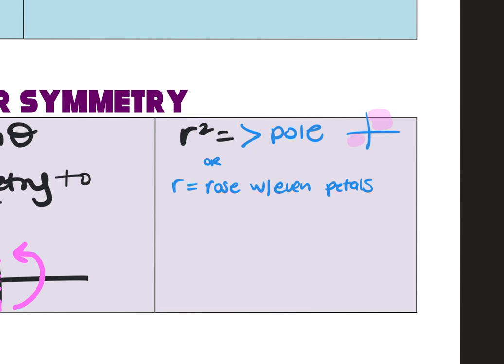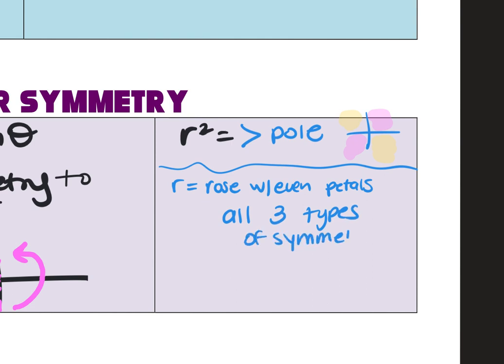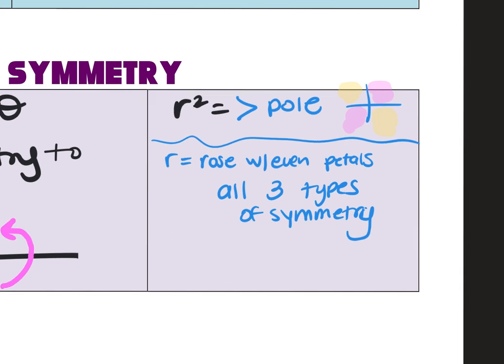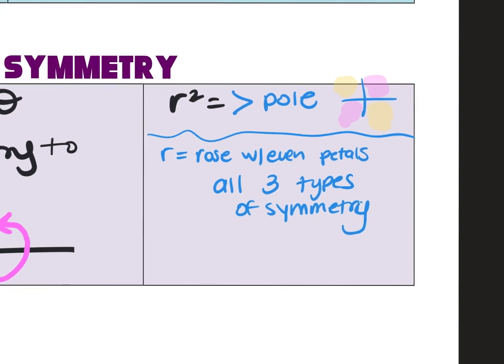And anything in the top left gets reflected into your bottom right. And then the rose with even amount of petals, which we're going to talk about in a second. It's symmetric to all 3. Okay, which means polar axis, pi over 2, and pole.